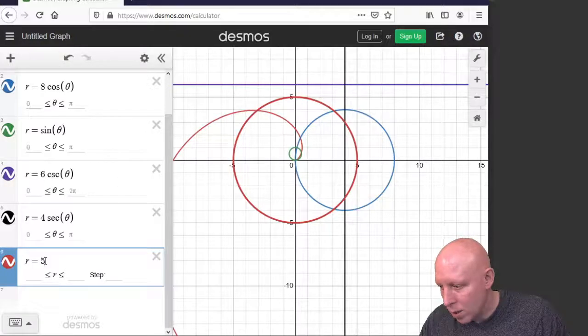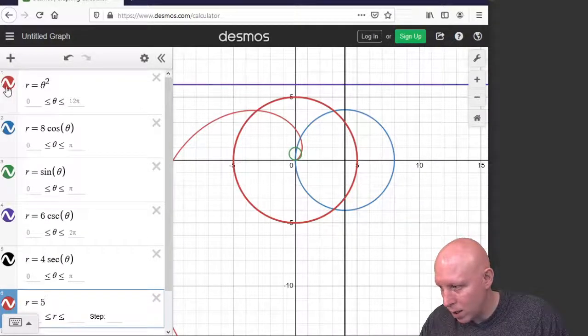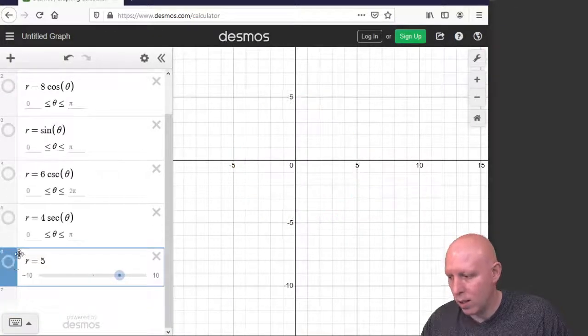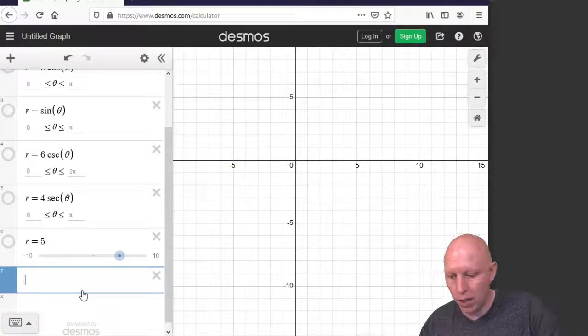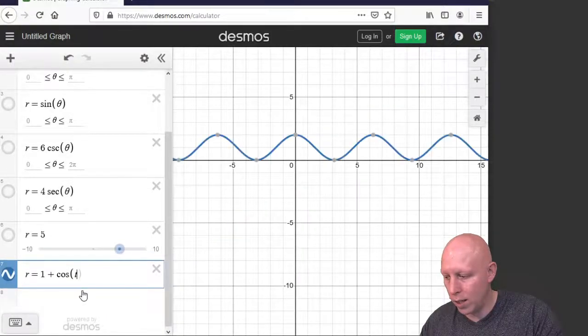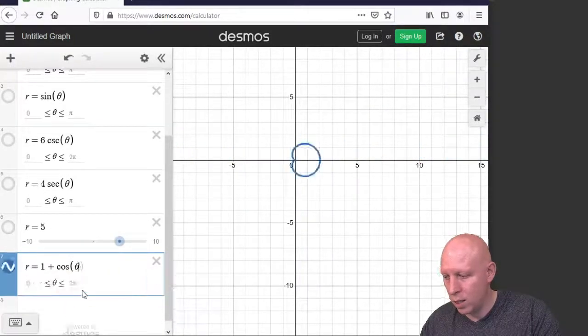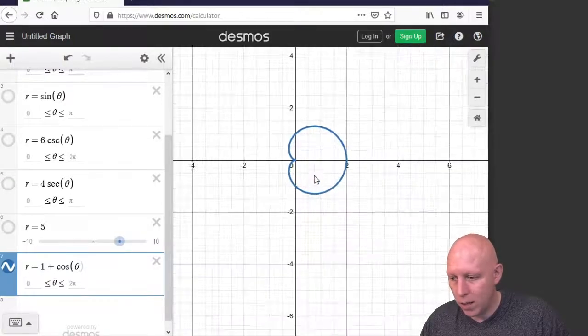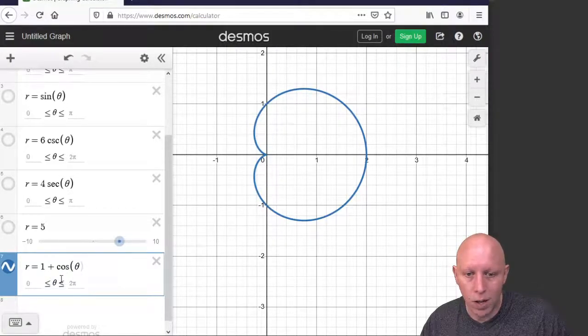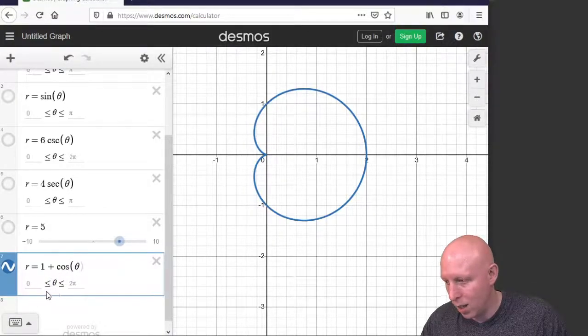And now let's talk about the more complex equations that we did this time. So we had something like r is equal to 1 plus cosine of theta. All right, and we see here that there's a domain given automatically by Desmos.